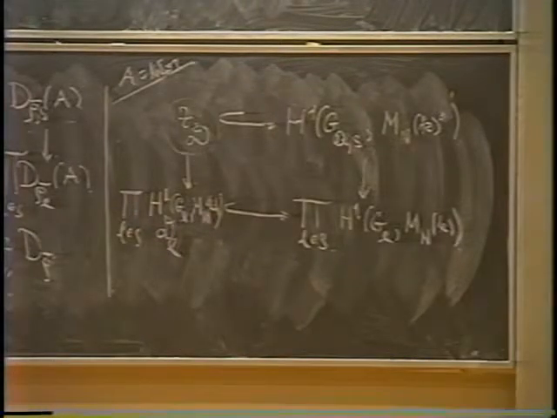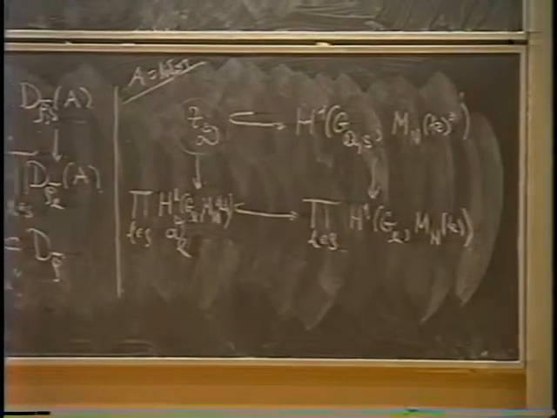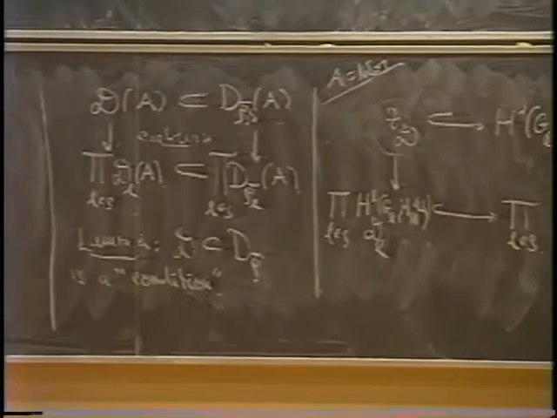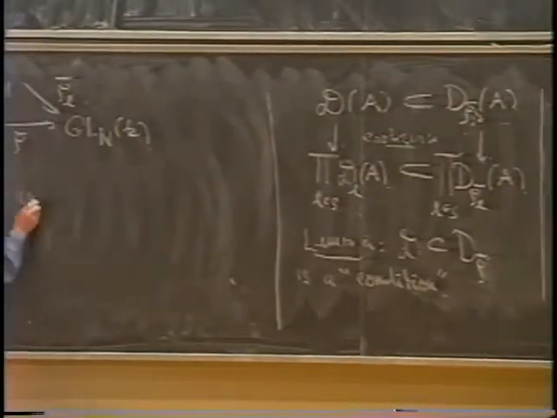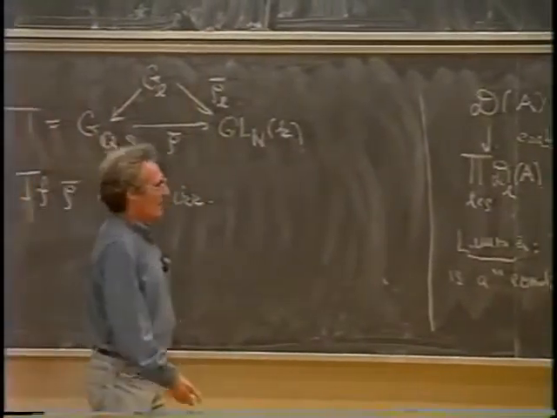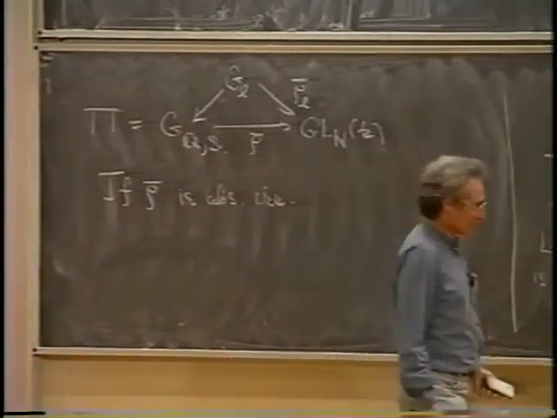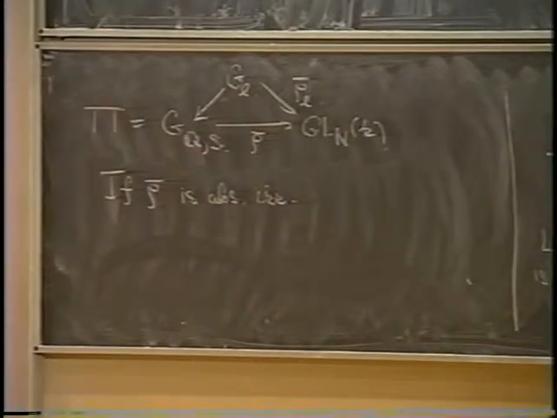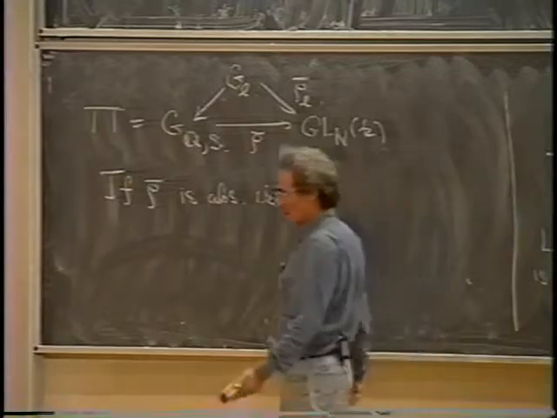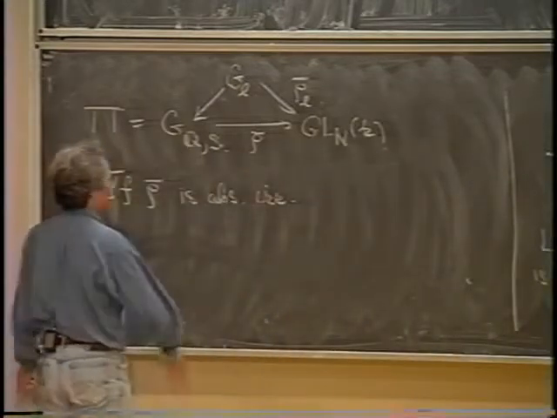Well, what is this tangent space? In the special case where rho bar is absolutely irreducible, we actually have an interpretation for it. Then rho bar is absolutely irreducible, so its deformation problem is representable, and therefore the condition D is representable.